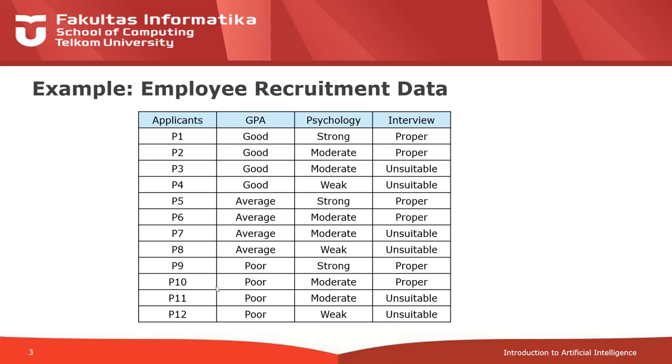So we have 12 applicants, 12 records, and there are three input attributes: GPA, psychology, and interview. For GPA attribute, we have three possible options: good, average, and poor.